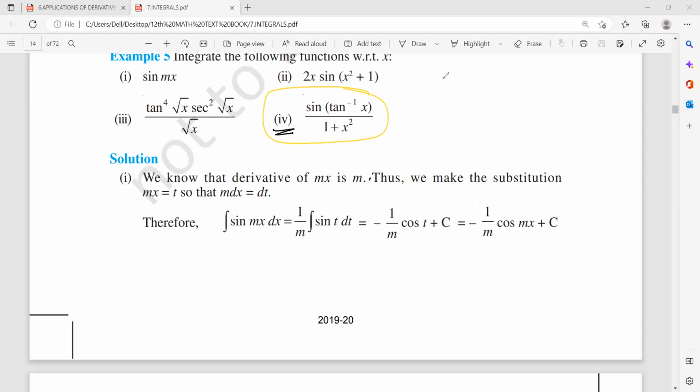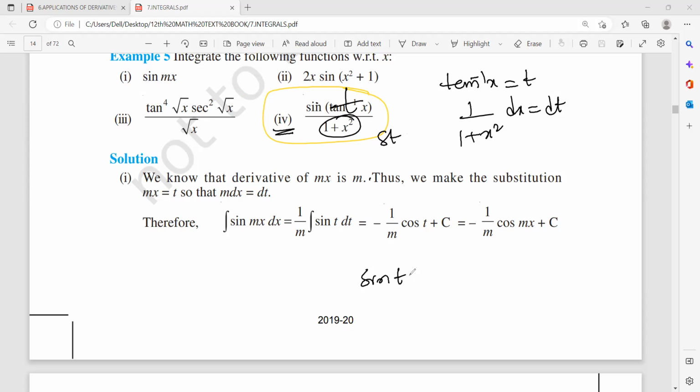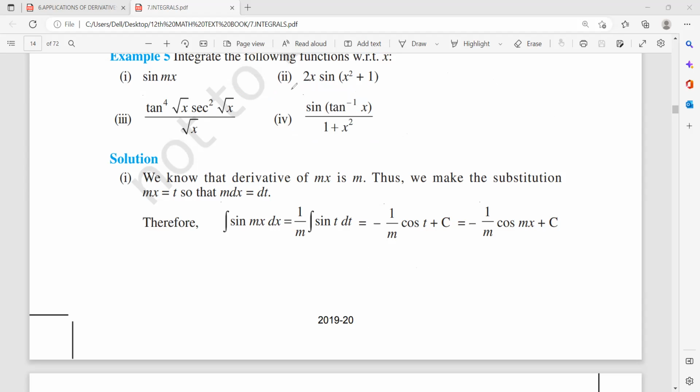You should know differentiation, that's it. Tan inverse x as t. You understand? Then 1 by 1 plus x square dx is dt. So this is t and this is dt. So only sin t is left now. You get minus cos t plus c. That's it, over. Then substitute t.